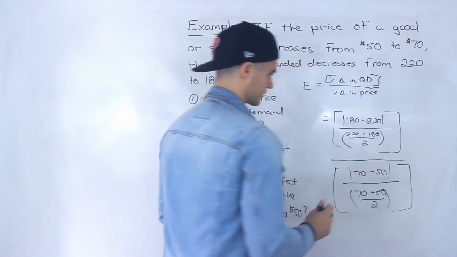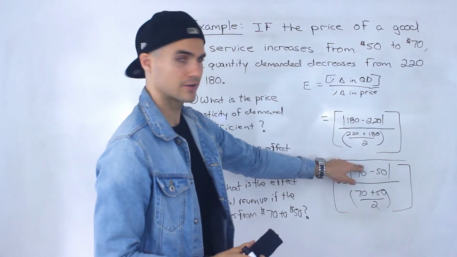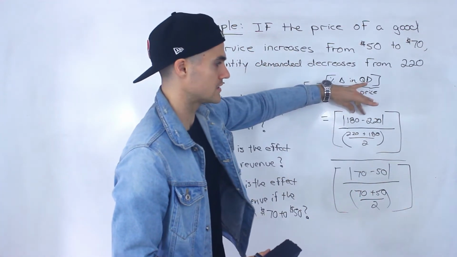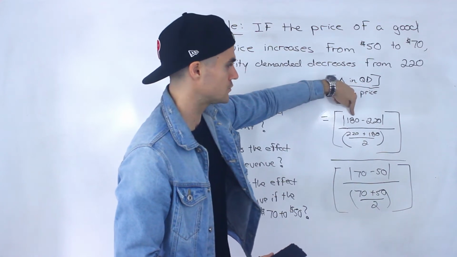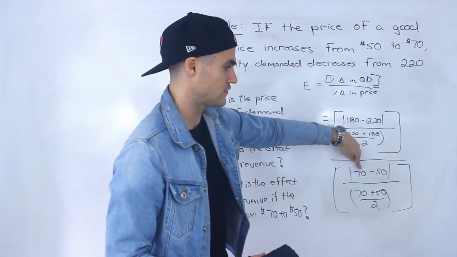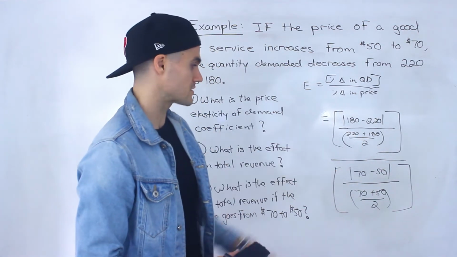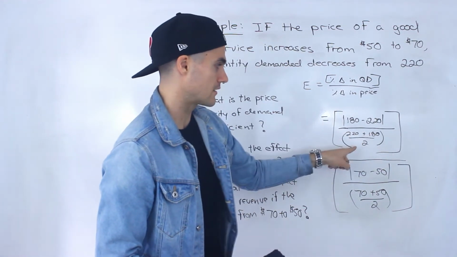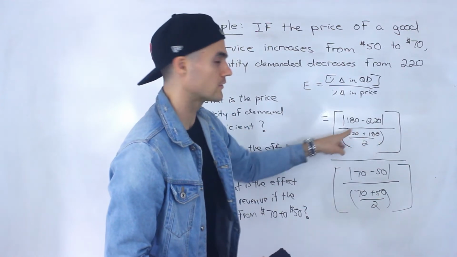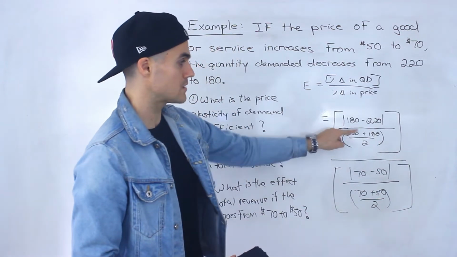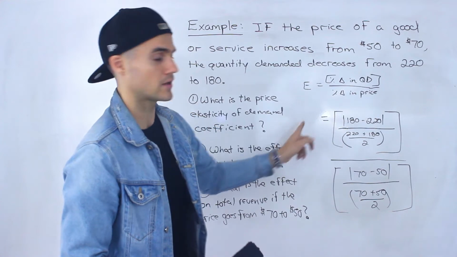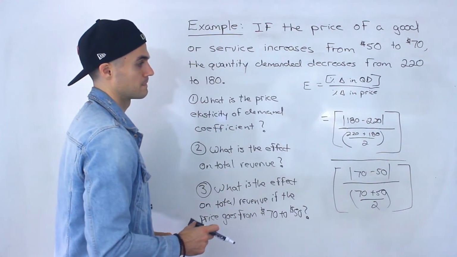Now, again, because this is an absolute value, it doesn't matter what order you put these. You could do 180 minus 220, you could do 220 minus 180, 50 minus 70, 70 minus 50. It's going to change to a positive anyway, and this order doesn't matter either. You're going to get the same value for that bracket, whether you do 180 plus 220 divided by 2 or 220 plus 180 divided by 2.